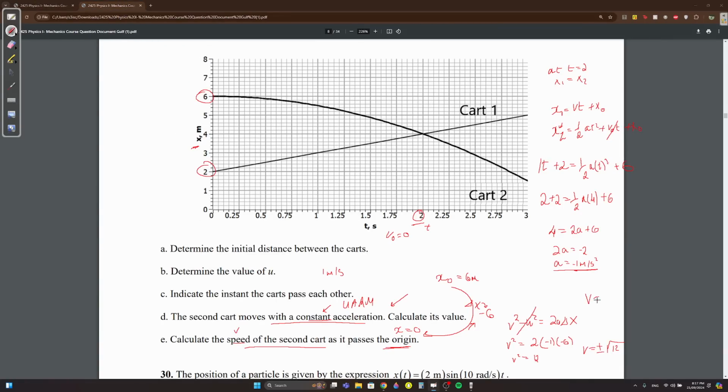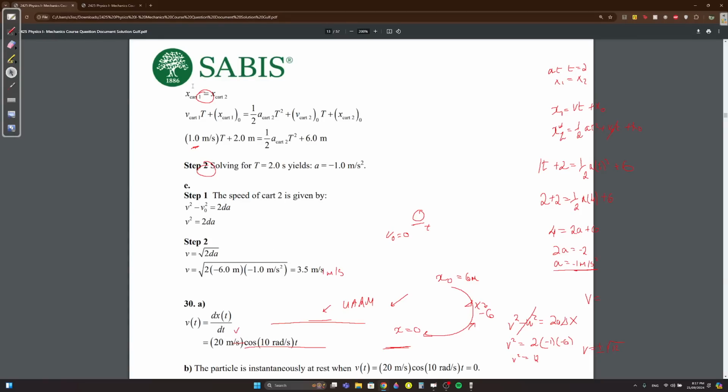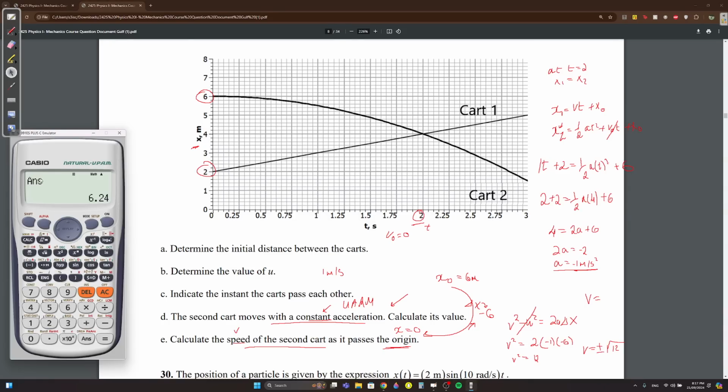Anyway, how much is radical 12? Is it 3.5? No, it's not 3.5, it's 3.46. So they kept it as plus minus 3.46 meters per second, and they rounded it to 3.5. So plus minus 3.5 meters per second.